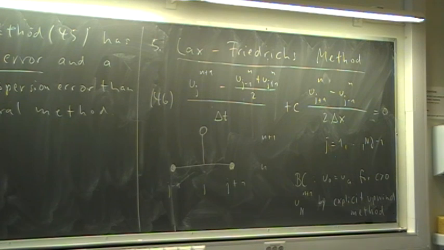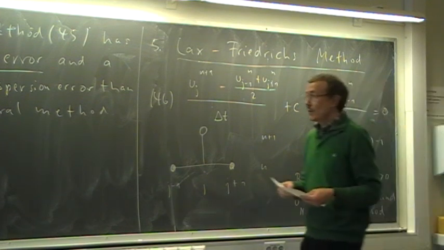Okay, so then we have an outlook for this, and we'll see tomorrow what the performance of this scheme is, where its pros and cons are, and we will see it again later on in the course. Okay, so let's stop here.